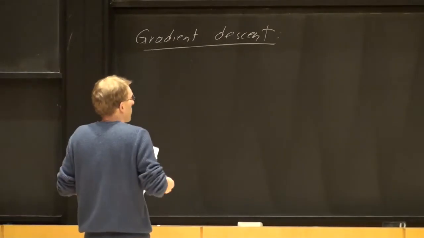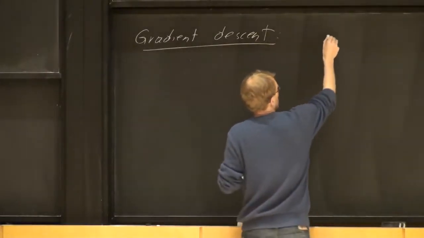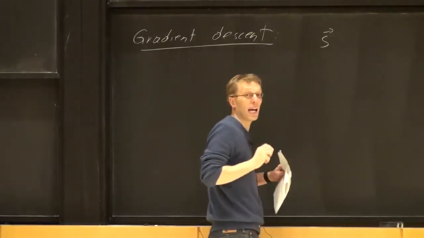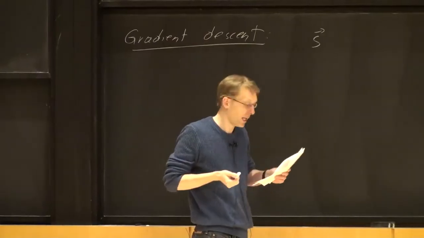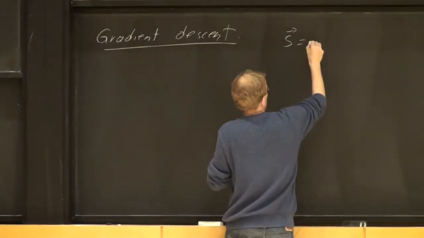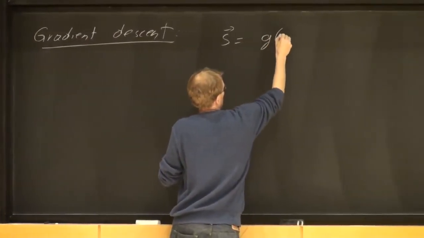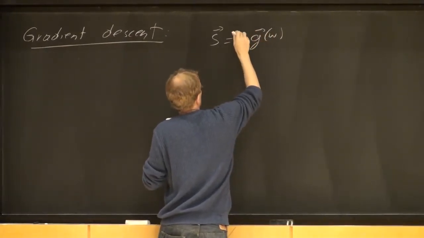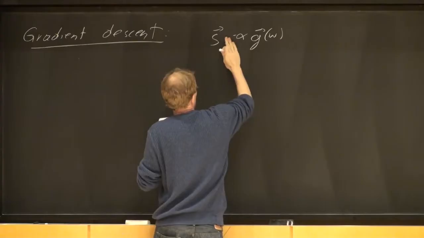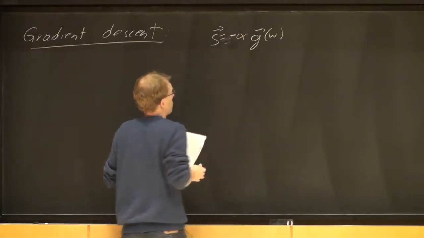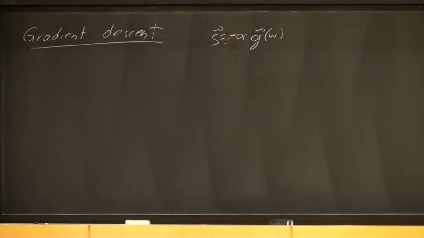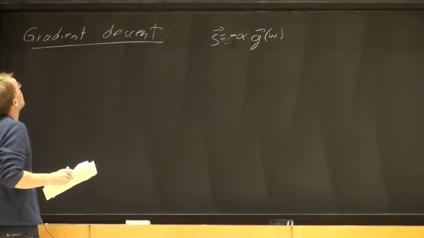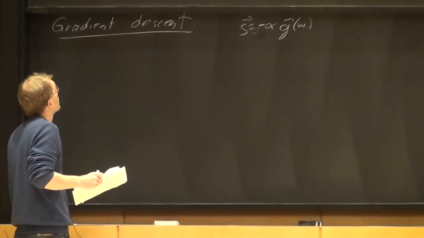In gradient descent, what we're saying is this vector S that we want to add to our W to go downhill is just the negative gradient. It's the gradient at W times a small step size, times negative.